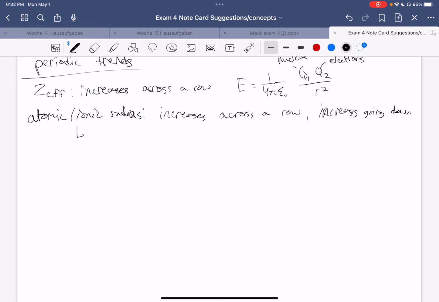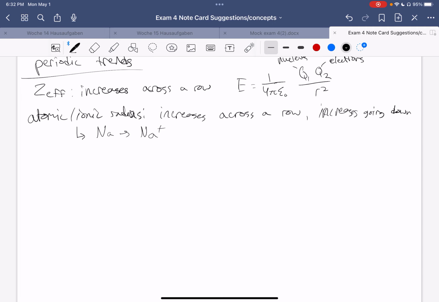And then if we look at ionic radius, let's consider Na and Cl in the same n equals 3 row. The ion that Na forms is Na plus. Whenever sodium forms the sodium ion, it's going to lose an electron, and you're no longer going to have that one single electron in the n equals 3 level.